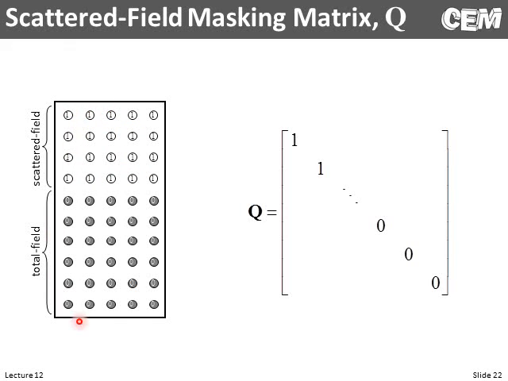Then we'll reshape this entire array of data into a column vector, and then insert that column vector into the diagonal of a square matrix. So all these off diagonal terms up here and down here are all zeros. We just have this 2D array reshaped into a 1D array going down the diagonal of the matrix. So essentially there's ones in every position along the diagonal of Q that correspond to the scattered field region in our 2D array.